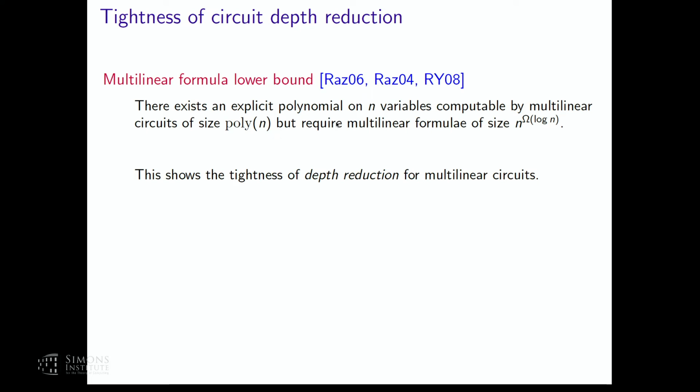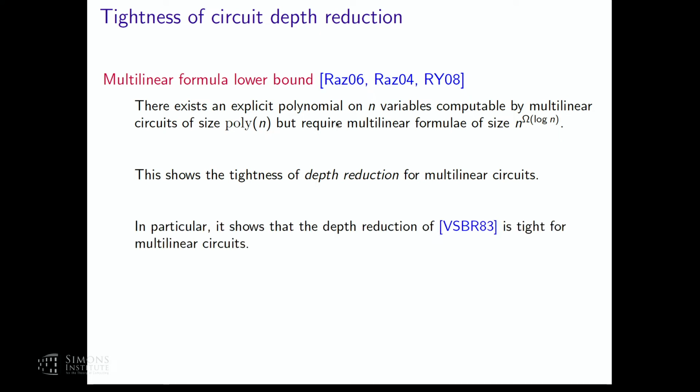So this gives tightness for depth reduction for multilinear circuits. In particular, it shows that VSBR, when applied to multilinear circuits, is in fact tight. Okay, so this was known. What we show is tightness of formula depth reduction.